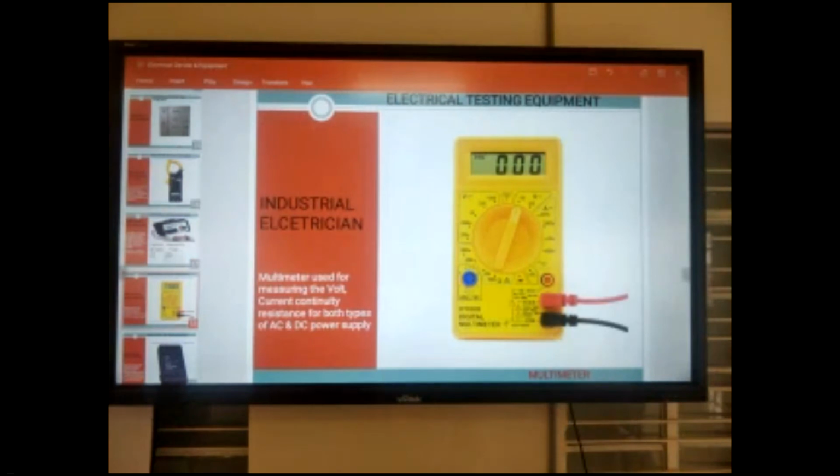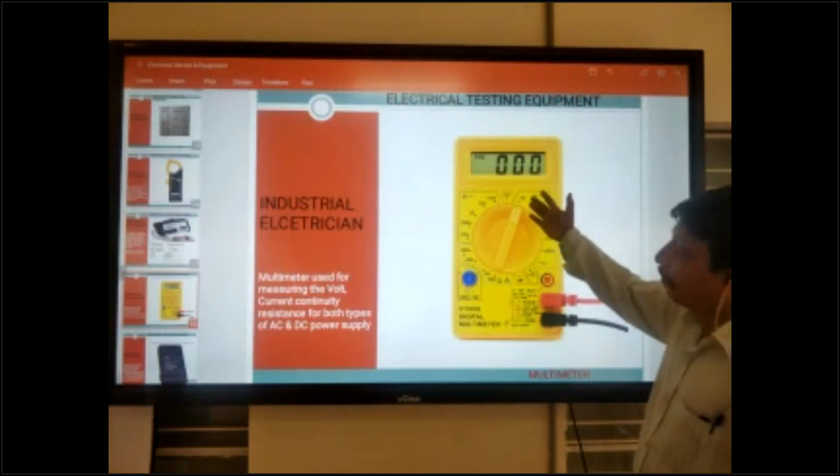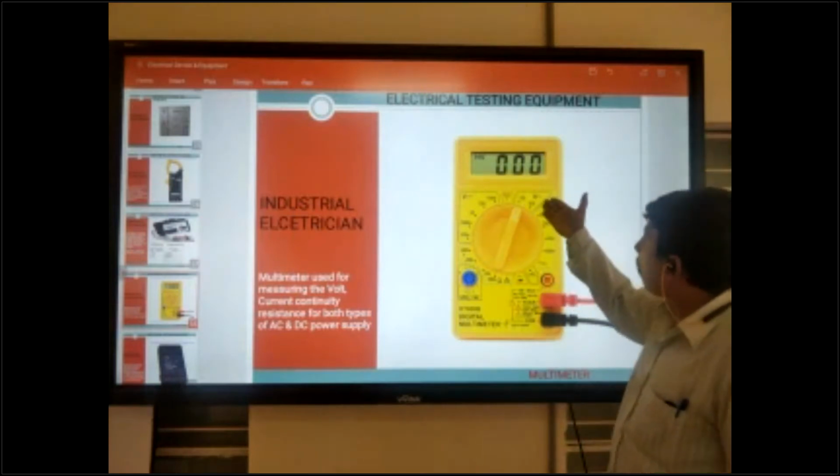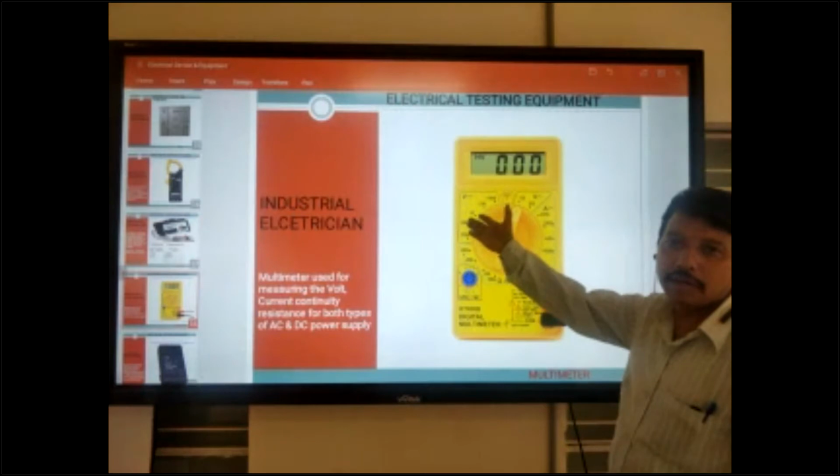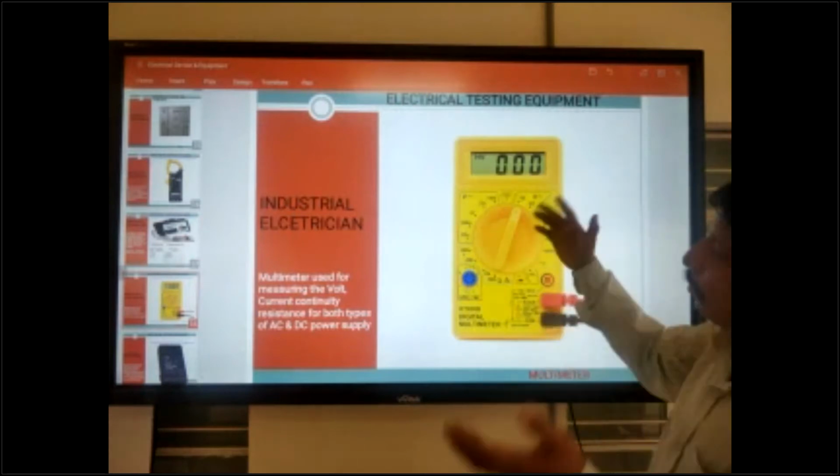Next one, the multimeter. It is normal equipment used anywhere. We can use a multimeter to check AC volt and DC volt. A clamp meter is also used for AC volt and DC volt.